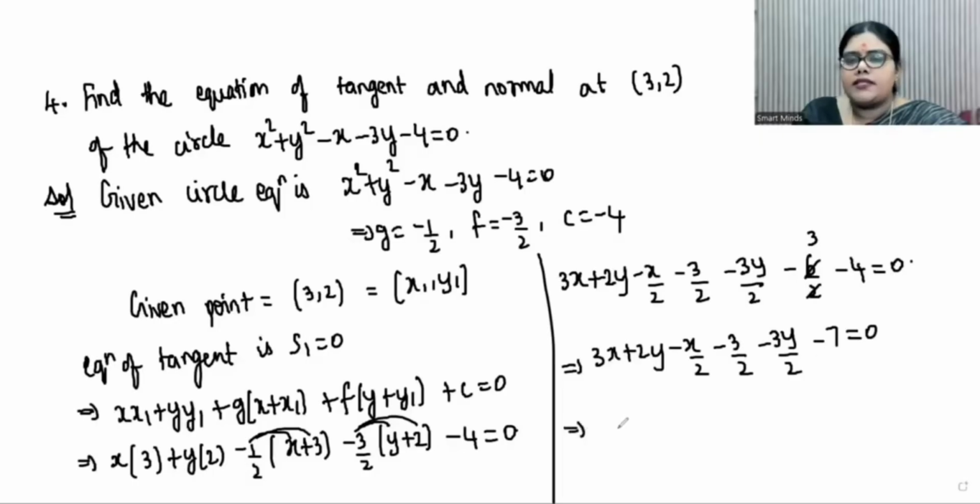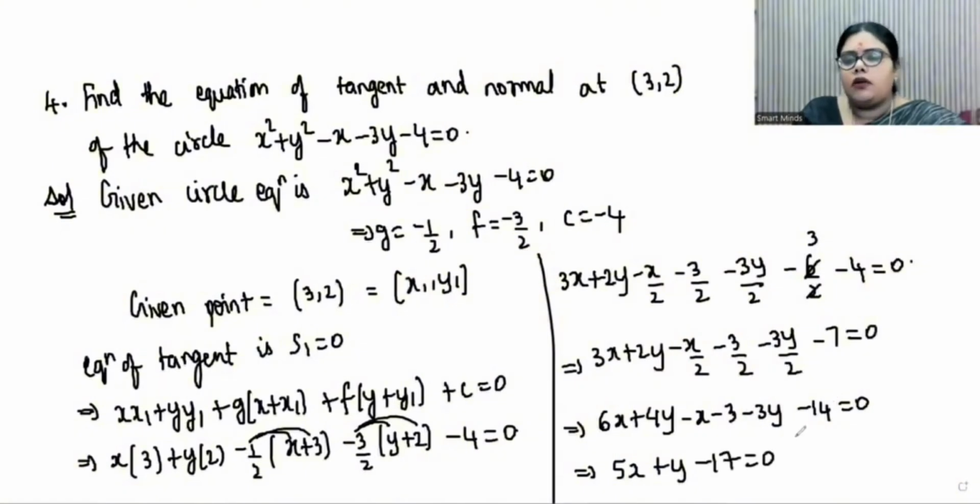Now if you take the LCM, 6x plus 4y minus x minus 3 minus 3y minus 14 is 0. So 6x minus x is 5x, 4y minus 3y is y, minus 3 minus 14 is minus 17. Now this is the equation of tangent.